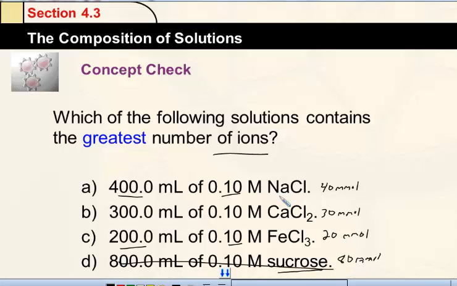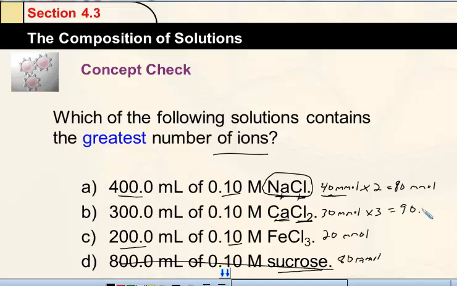So now we've got to take a look at how many ions these are going to break into. I have 40 millimoles of the whole NaCl. So it's going to break into one Na and one Cl, so 2 ions. So really, as far as ions go, I'm going to have 80 millimoles of ions. Here I have 1 Ca and 2 Cl, so times 3 ions.